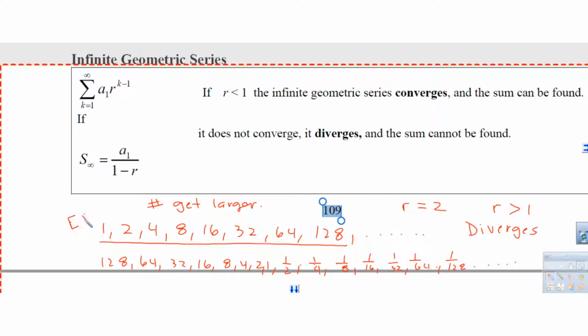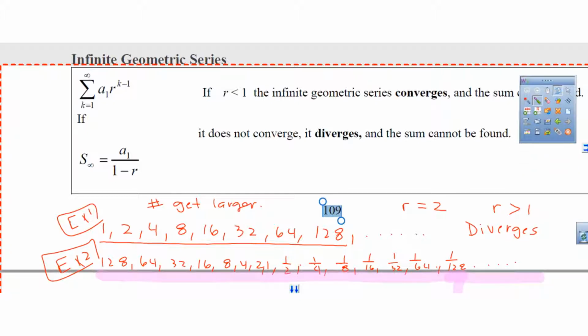This is example 1. This is example 2. Can I add those together? If I add these together and I get my sum, then I add the next one. Does the next number change the sum? Yes. But what if I go really, really far? And the next guy is 1 over some really big number.